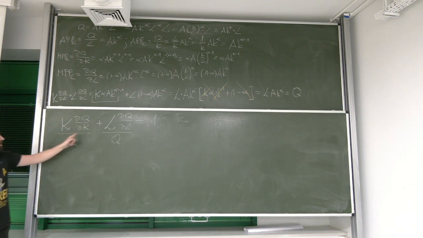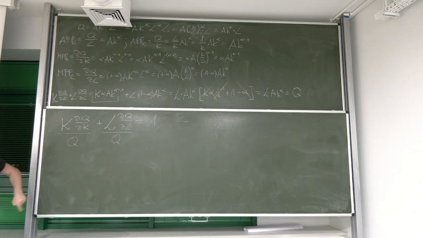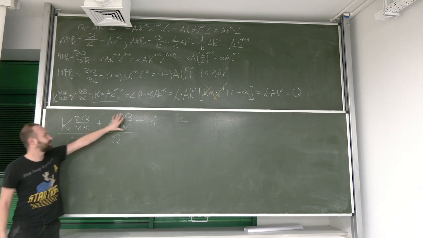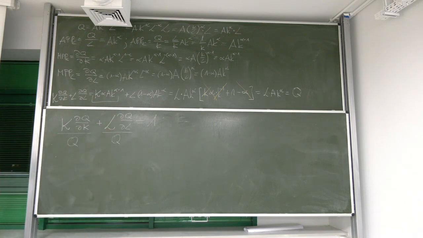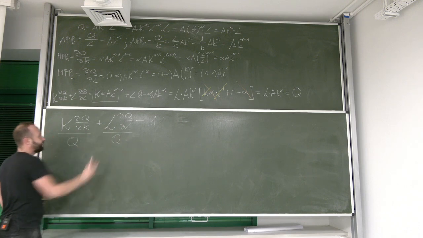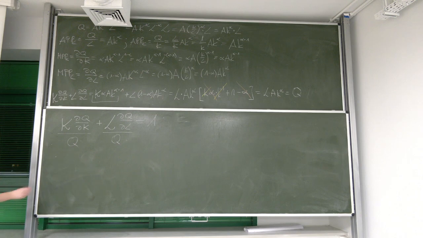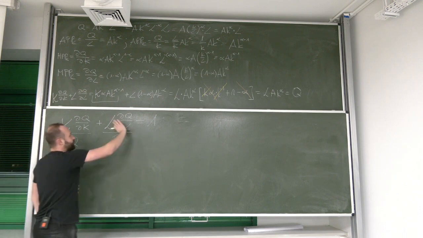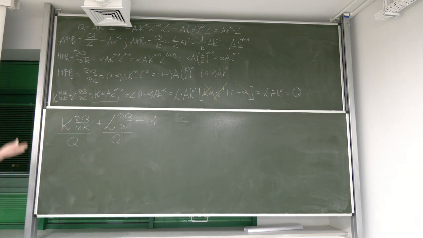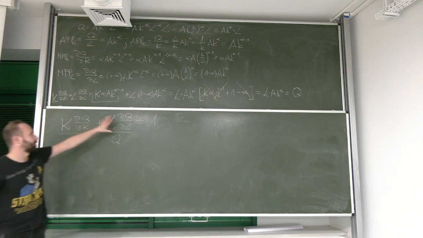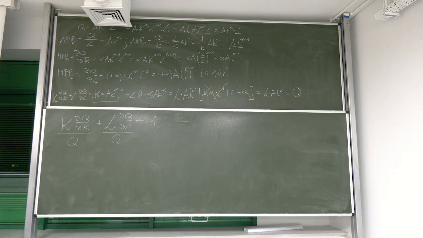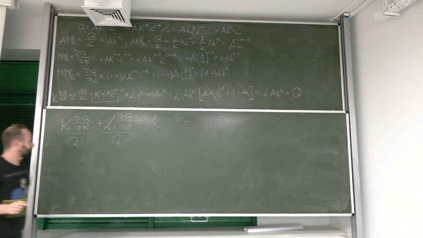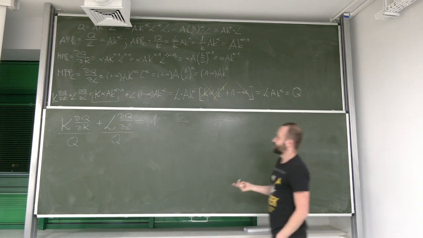Because this is how much has been spent on capital out of the entire production, and here we have how much goes to workers, to labor. So look, if we would have 0.6 here and 0.4 here, it means that 60% of the production is going to the capital and 40% to labor. Remember that this is a long-run equilibrium, so the entire product is distributed between labor and capital.